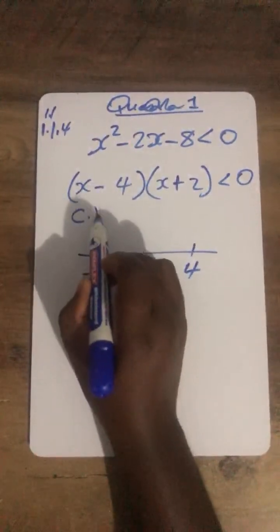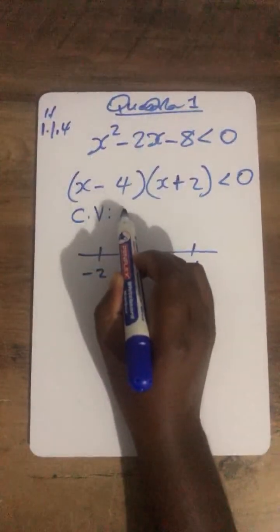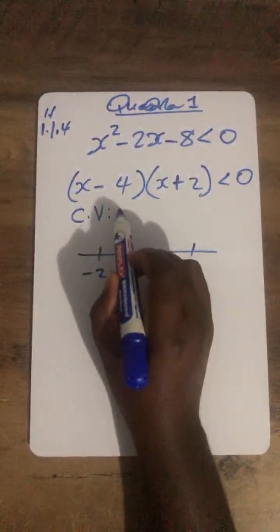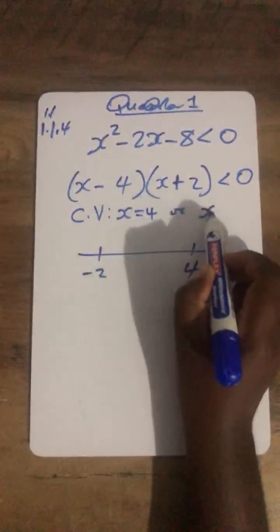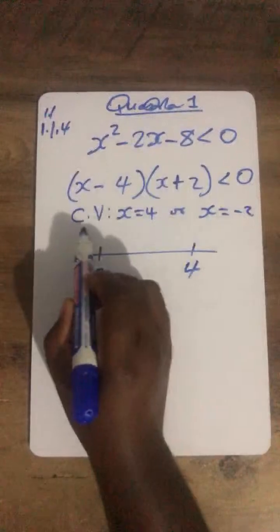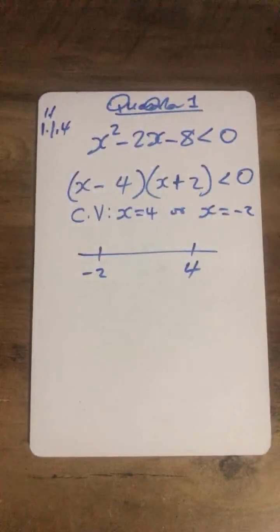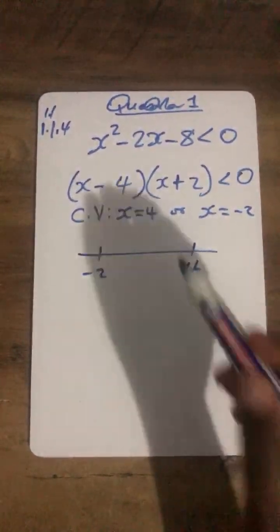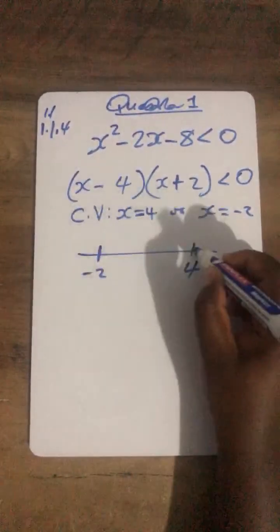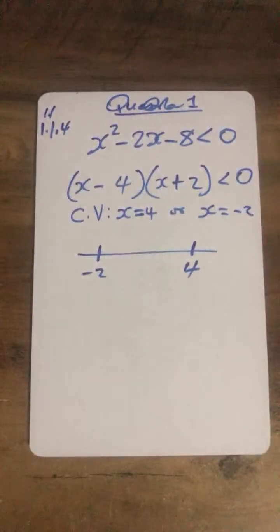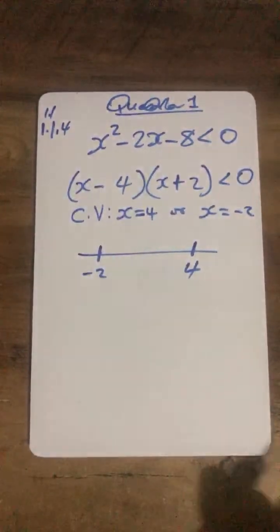For the critical values, you take that and equate it to 0. You therefore have x equals that, or again x equals negative 2. These are what we call the critical values. That's when you are allowed to use an equal sign, when you find the critical values that you need to represent on a number line, honorable members.